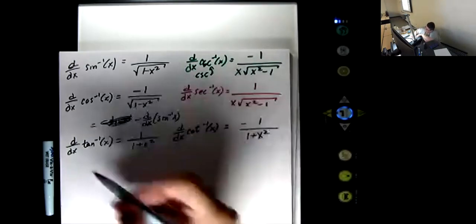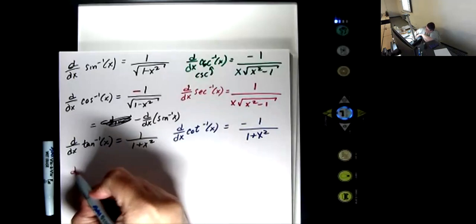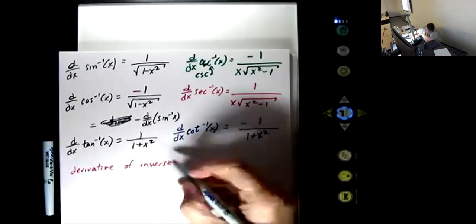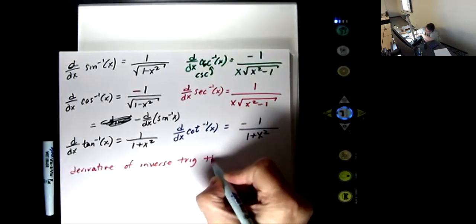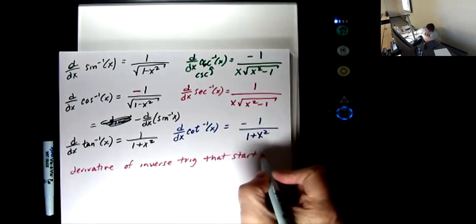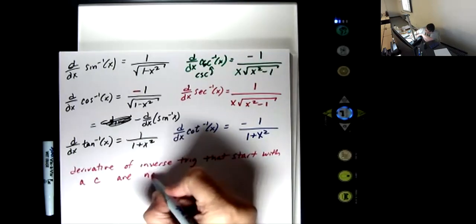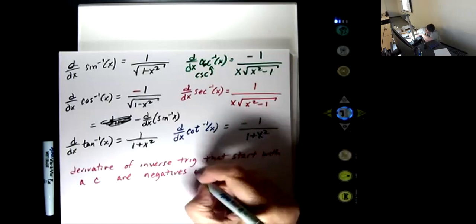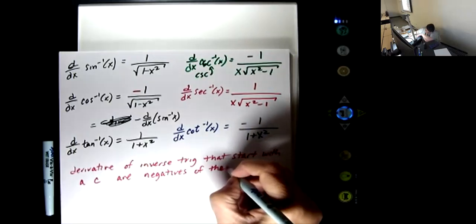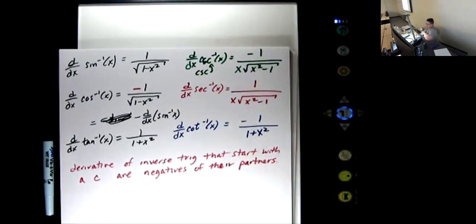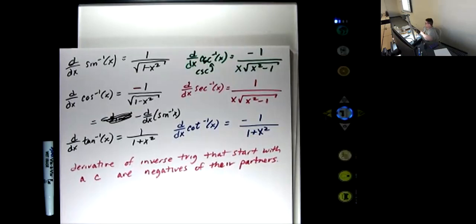An easier way to remember this: the derivatives of the inverse trigs that start with a C are negatives of their counterpart partners. Derivative of cosine inverse is the negative sine inverse. The derivative of cosecant inverse is the negative of secant inverse.